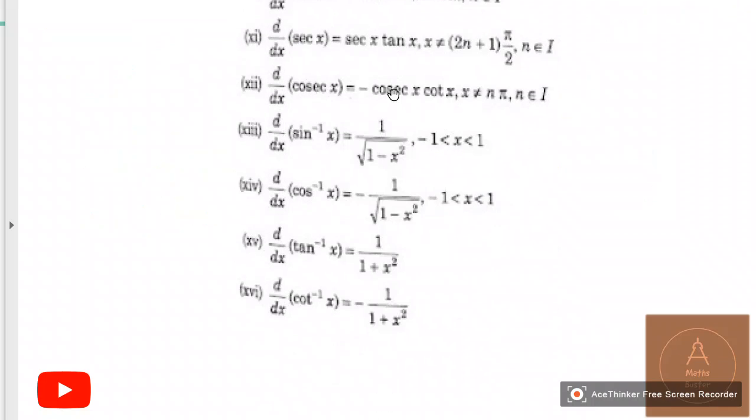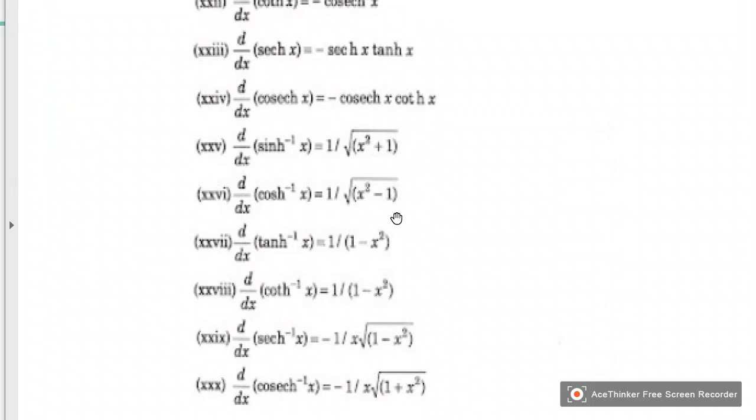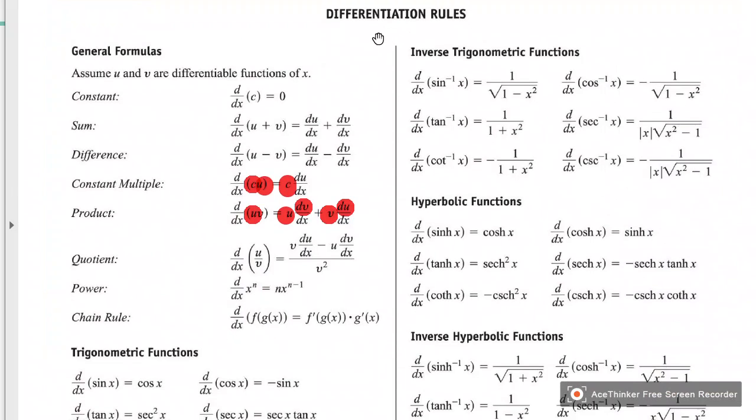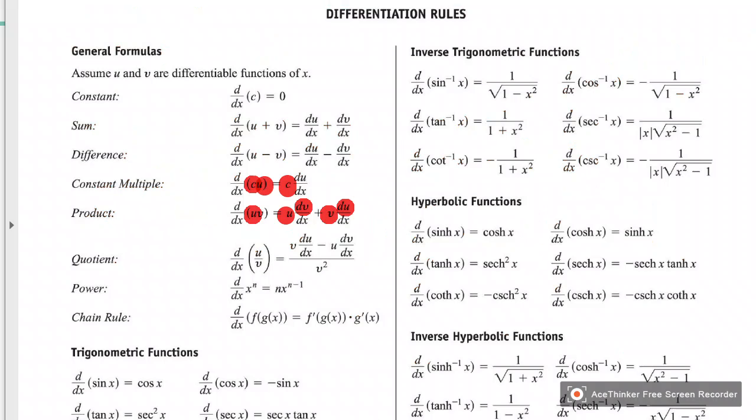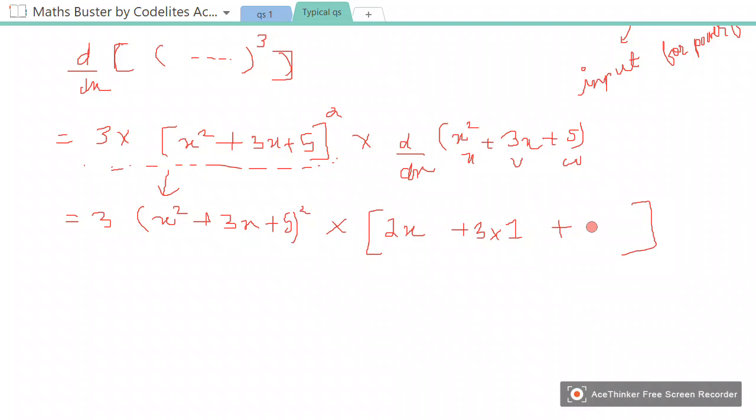Here you can check, this is the derivative of c into u, where the constant comes out and the remaining is the derivative of your function u. So 3 will come out and the derivative of x, which is obviously 1. This you need to remember. Derivative of x is 1, and the derivative of a constant is 0.